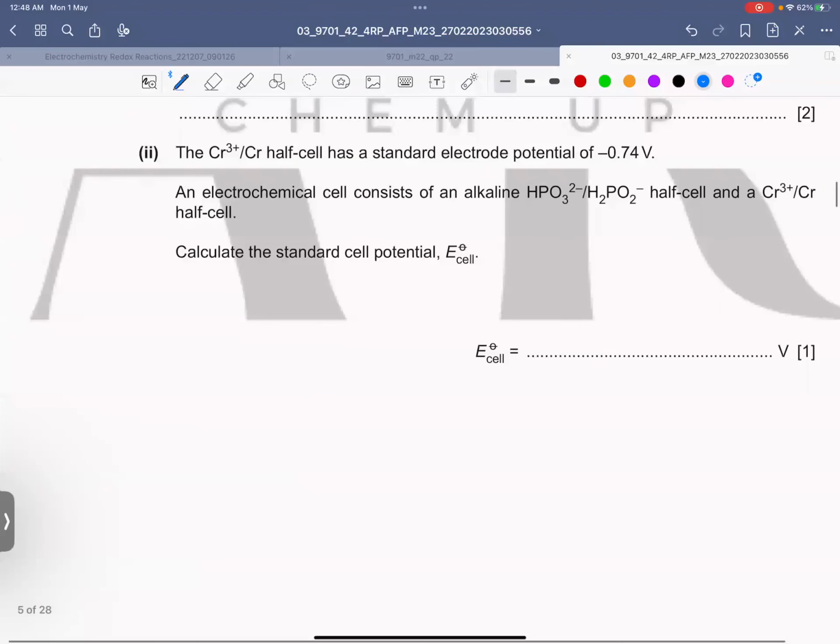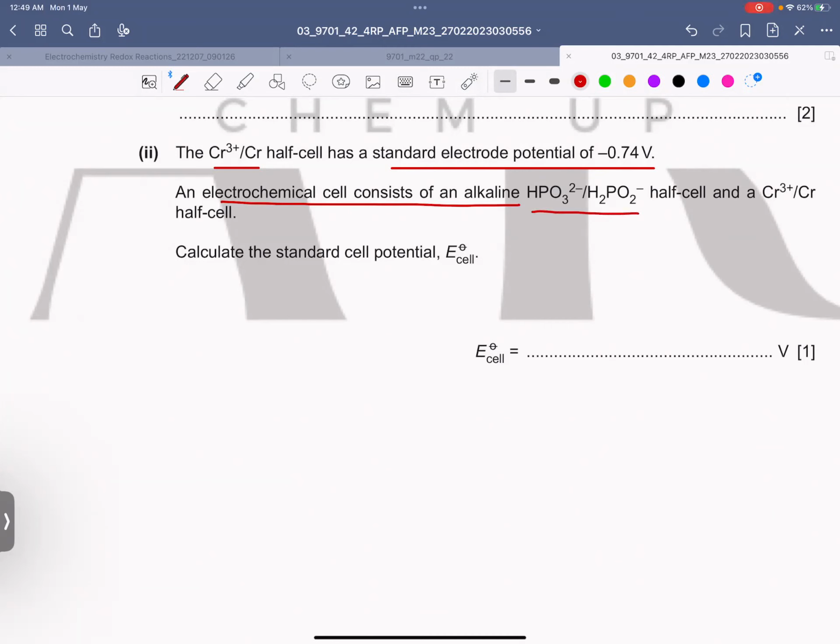Okay. Now here. The chromium 3 positive chromium half cell has a standard electrode potential of minus 0.74 volts. An electrochemical cell consists of an alkaline H3PO4 negative H2PO2 negative half cell and a chromium 3 positive chromium half cell.